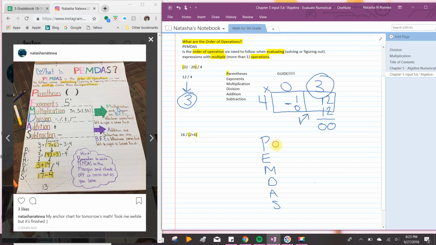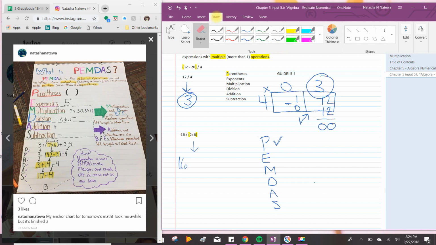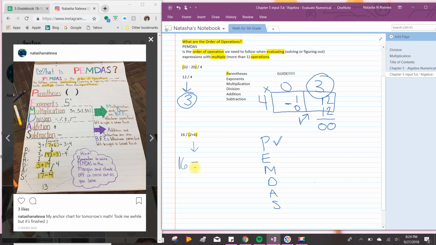Oh, I'm sorry, we're going to do parentheses first. So what's 2 plus 6? 2 plus 6 is 8. Alright. Then we've got to do 16 divided by 8.